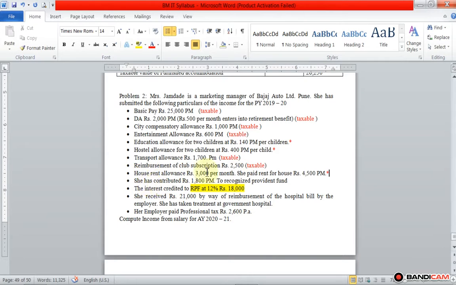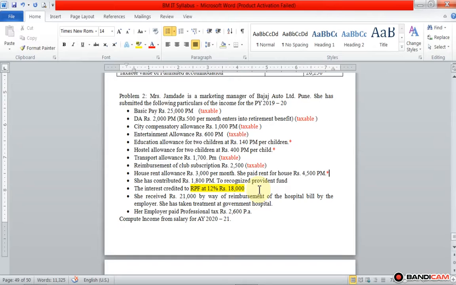Then she has contributed rupees 1800 per month to recognized provident fund. So only the employer's contribution is taken into consideration in the gross salary. The employee's contribution to the provident fund is not taken into consideration in gross salary. So while we compute gross salary, we only take into consideration the employer's contribution.